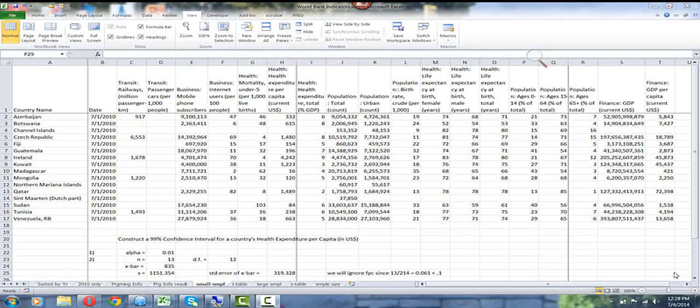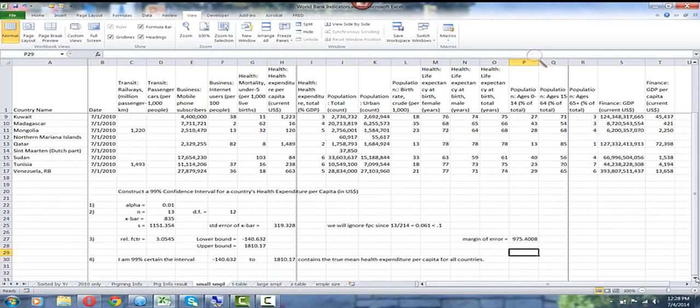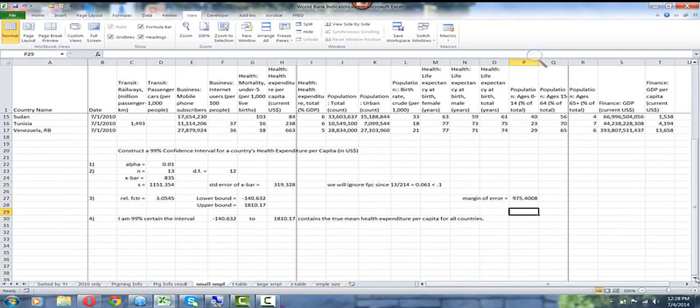We'll look at this health expenditures per capita here in US dollars, and what we'll do is construct a 99% confidence interval for a country's health expenditure per capita, again in US dollars.